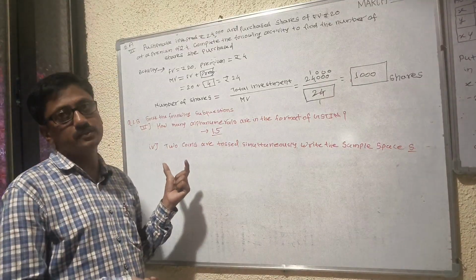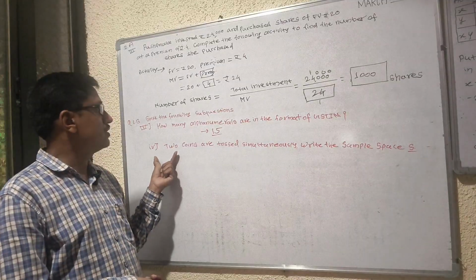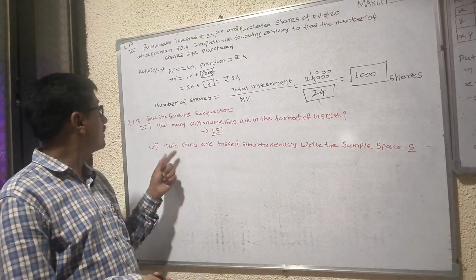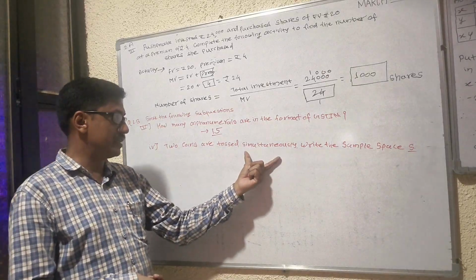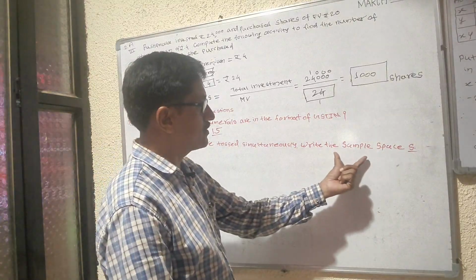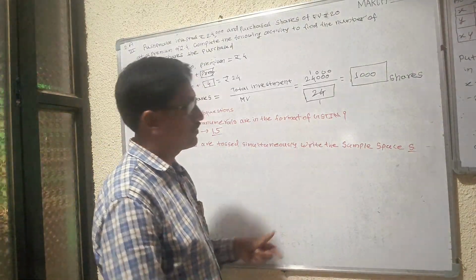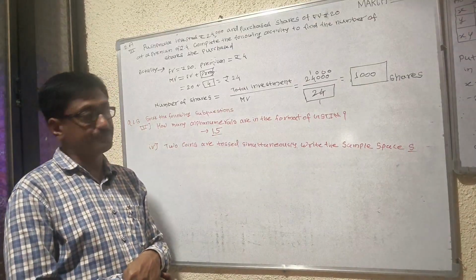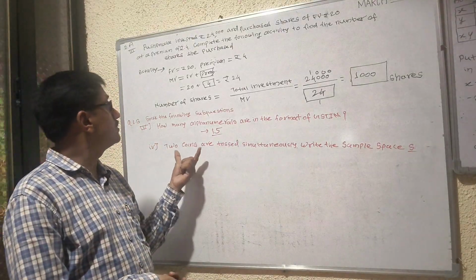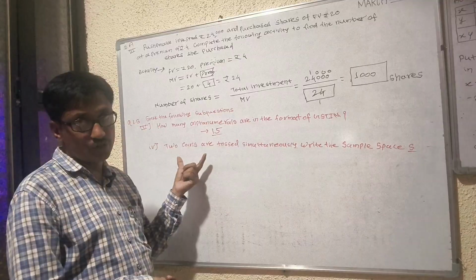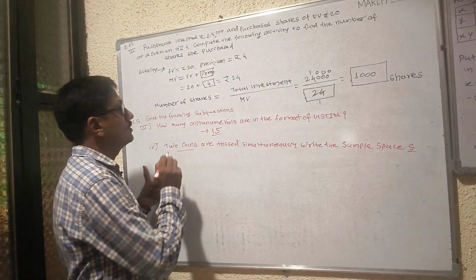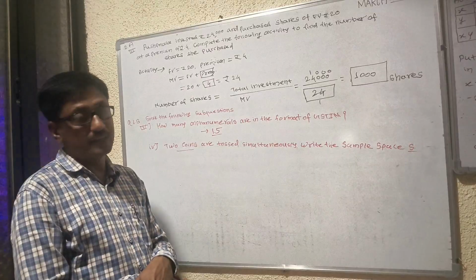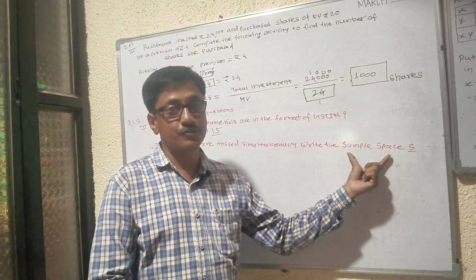We read the fourth sub-question. 2 coins are tossed simultaneously, write the sample space S. What is given here? Here in the question, 2 coins are given. And what to find? Sample space.